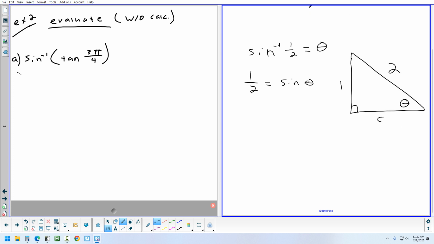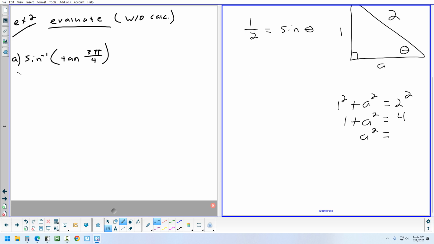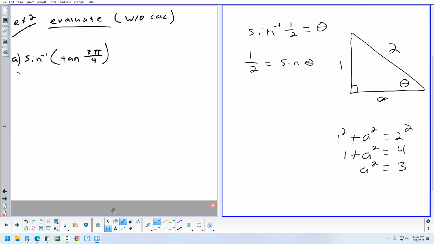So 1 squared plus a squared equals 2 squared. 1 squared gives me 1. 2 squared is 4. So how much is a squared? 3. So then how much is a? Square root of 3.